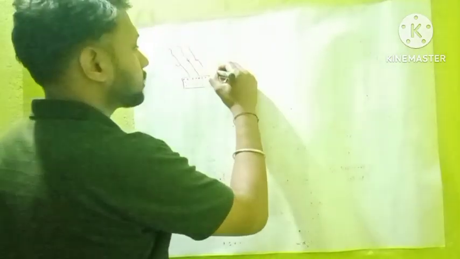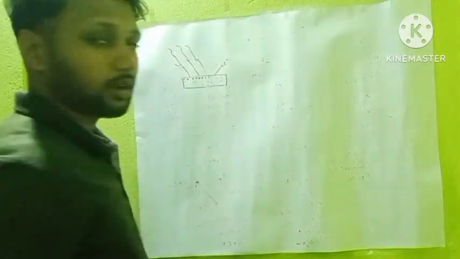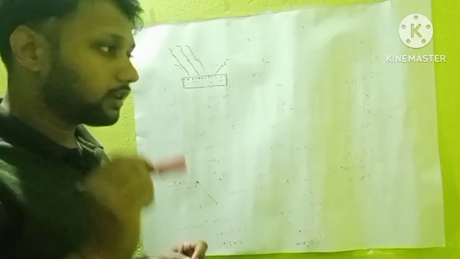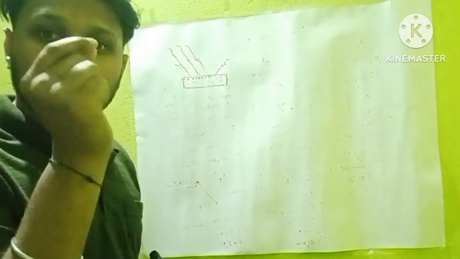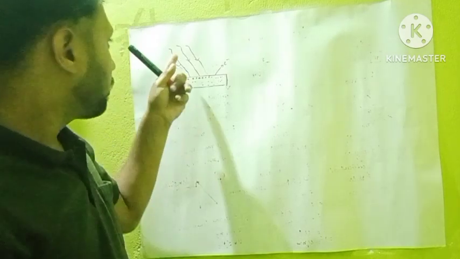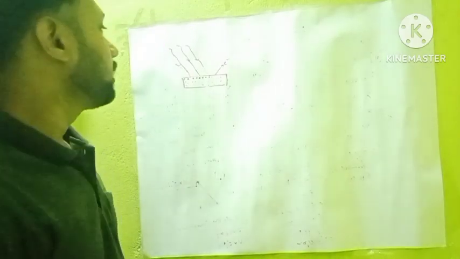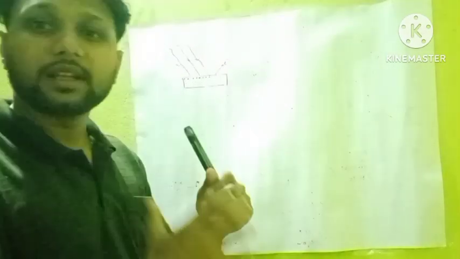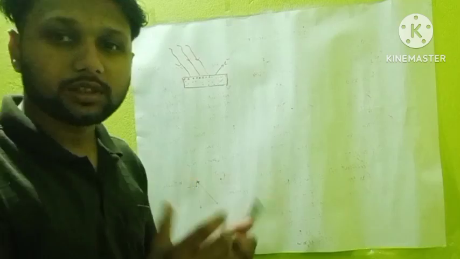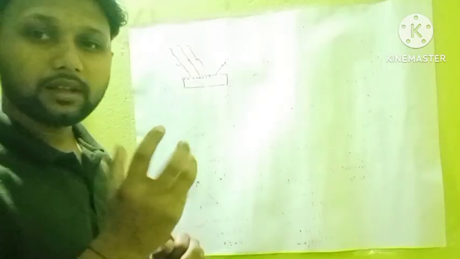But note that at very low intensity of the light rays, the electrons were not released. Then when we increase the intensity, or let's say the frequency, of the light rays, more electrons are released.